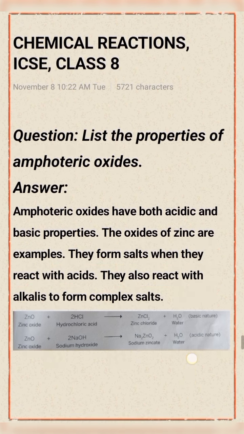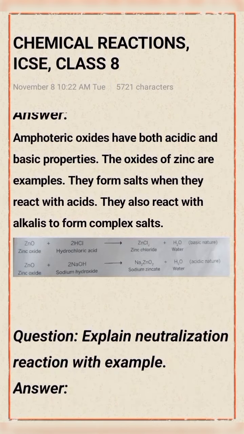Here is a chemical reaction: ZnO, zinc oxide, plus 2HCl, hydrochloric acid, forms zinc chloride, ZnCl2, plus water, H2O. That is the basic nature. Okay.